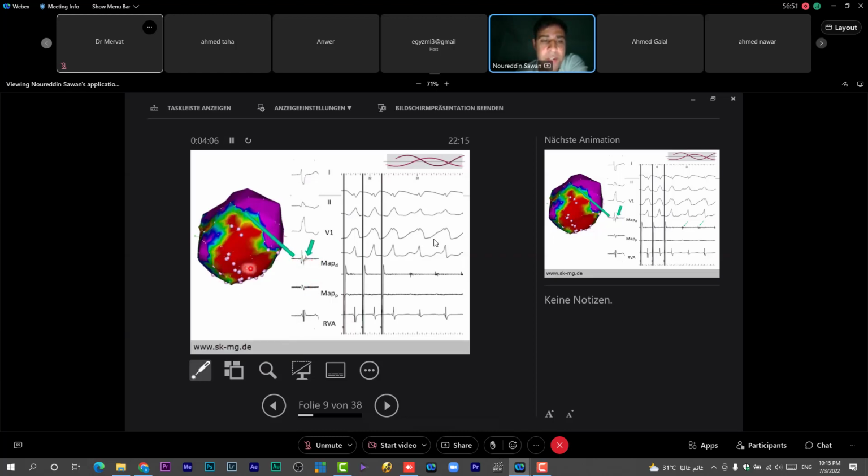Here is the scar area, and we see this nice small late potential. However, in this place during the VT, we see these potentials, and these are what we call mid-diastolic potentials.